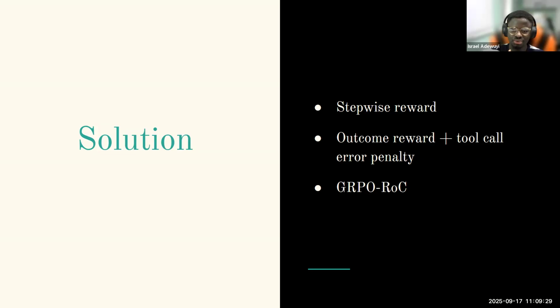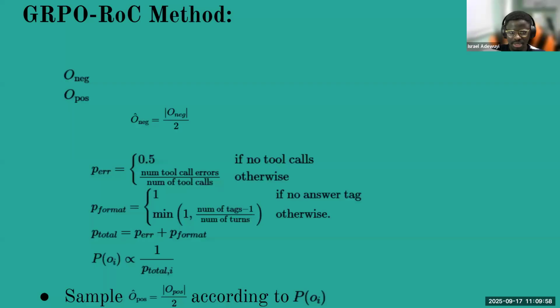But the authors decide not to go with either, and instead they introduce GRPO resample on correct, or GRPO-ROC. This is the main algorithm introduced in the paper. The main idea behind GRPO-ROC is that you oversample, then you downsample. That's a brief overview. You oversample, then you downsample, which I'm going to explain in the next slide.